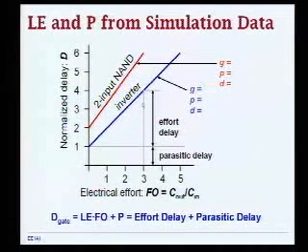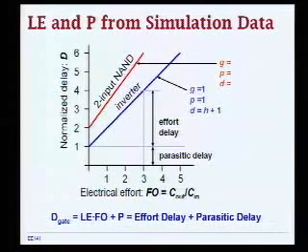So over here, what I plot is an inverter and a 2-input NAND gate. Now for the inverter, what is the logical effort? By definition, it's equal to 1, right? Parasitic delay is also equal to 1 by definition. So the total delay is the sum of these two, and I apologize for the notation here.